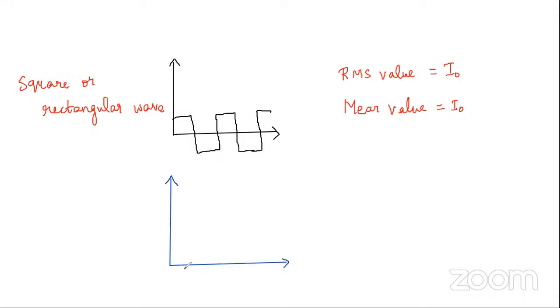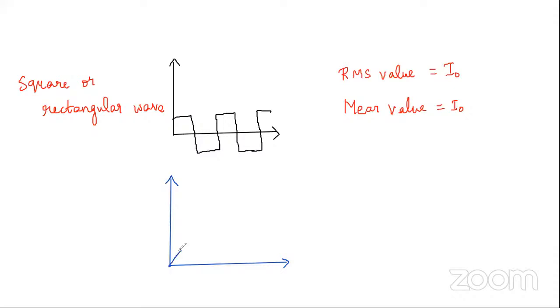So a sawtooth wave actually appears like this. Okay. You can easily understand from the shape of this.